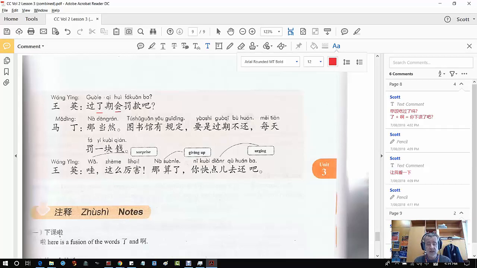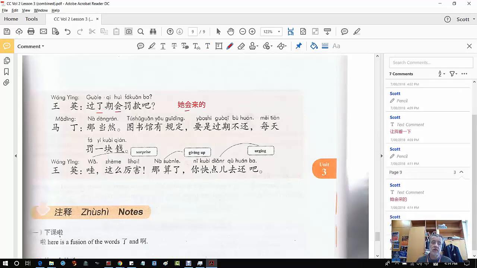And then if you were quite sure your classmate would come, you could say 他会来的, 他会来的. Now that's a very confident statement. It's a very strong statement. She will come. Just note when you use it that way with the 会, this is to say this will definitely happen. Then it's the 会 and then also the 的 after the verb. 他会来的. So the 会 there is a strong possibility in the future.